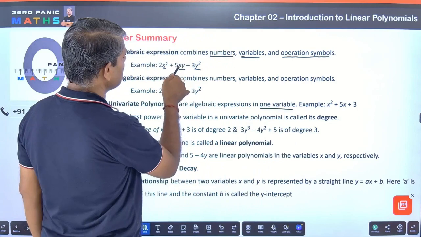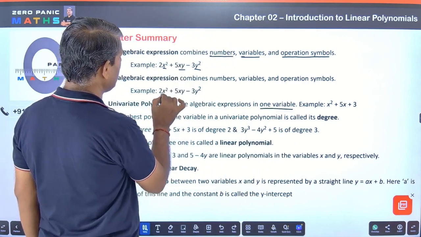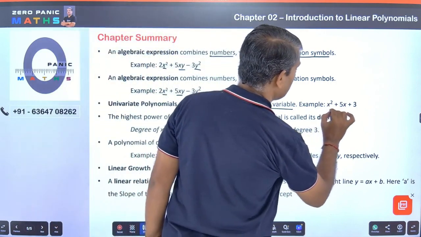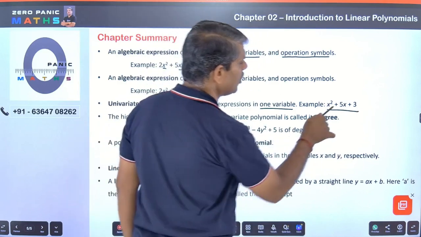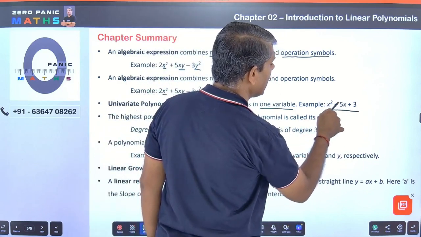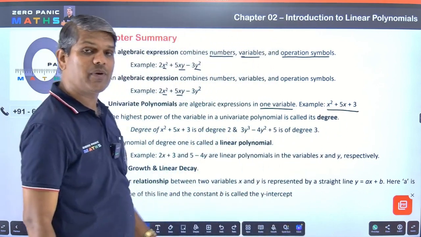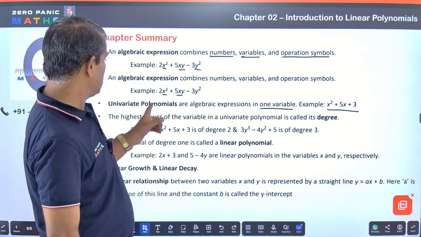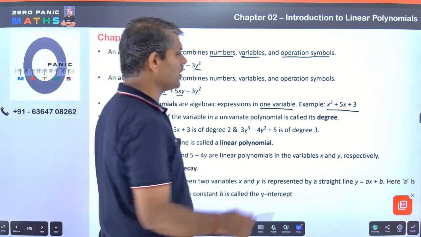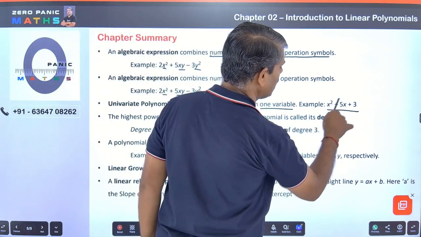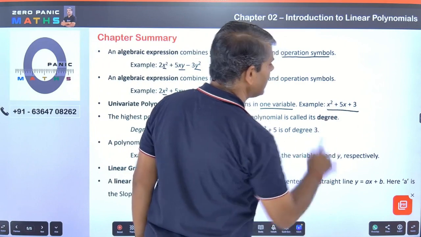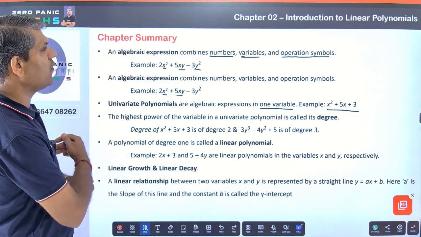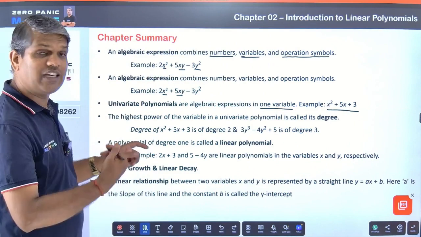Here in this expression we have two variables x and y, but such expressions in which only one variable exists are called univariate expressions, univariate polynomials you can call. Here it is a polynomial where only one variable x is there, so that is a univariate. We are actually nearing the definition of a linear polynomial while discussing it.